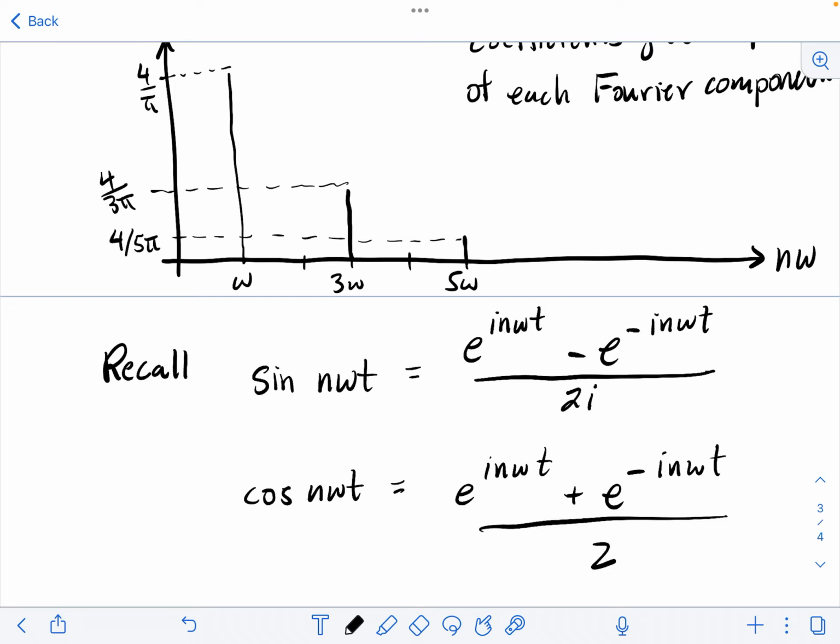So all we're going to do is go to our original Fourier series in terms of sines and cosines, and replace the cosine with e to the i n omega t plus e to the minus i n omega t over 2, and the sine with e to the i n omega t minus e to the minus i n omega t over 2i.